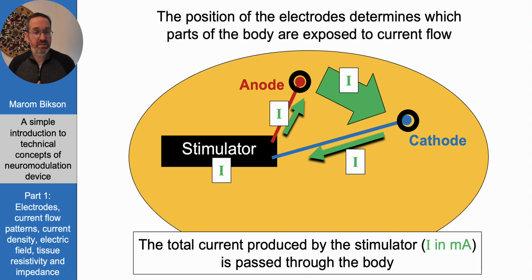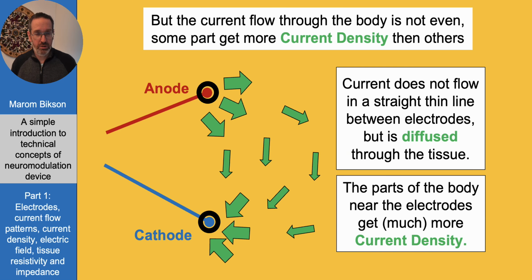That current will be specified in units of amps or milliamps, which are 1,000th of an amp. So for example, I might stimulate with 2 milliamps. And it's 2 milliamps at the device, it's 2 milliamps at the anode, it's 2 milliamps in the body, it's 2 milliamps at the cathode. The point is it's one current that we can talk about because of the notion that we have this conservation of current as we go along the loop.